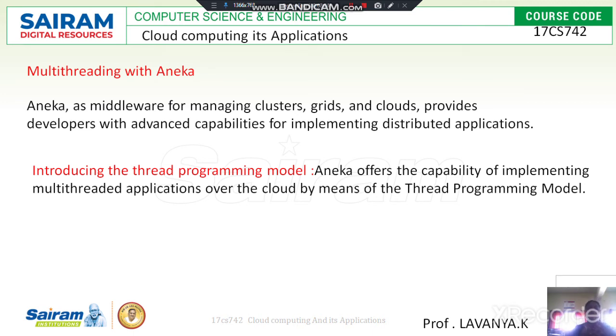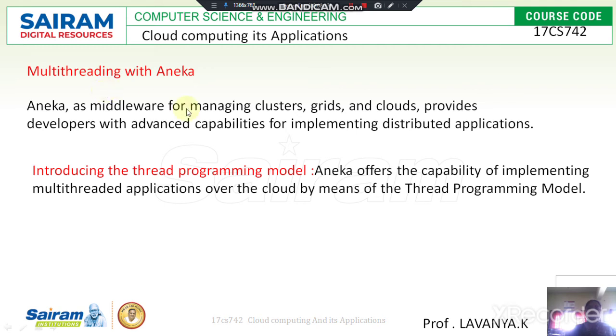It is also used for third-party clouds, because in the first module I explained what a third party is, what a private cloud is and what a public cloud is. Because of that, we use it for clusters and grids, since it manages a huge amount of data.